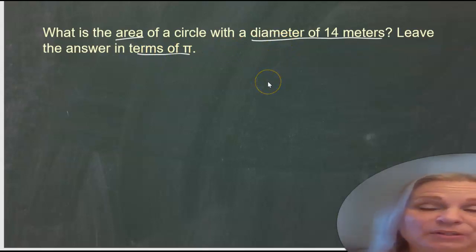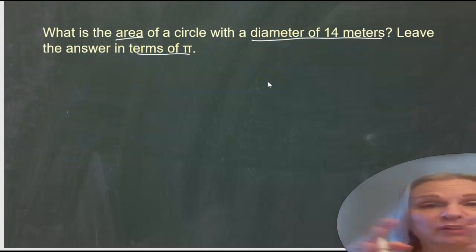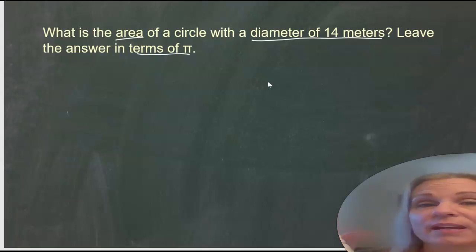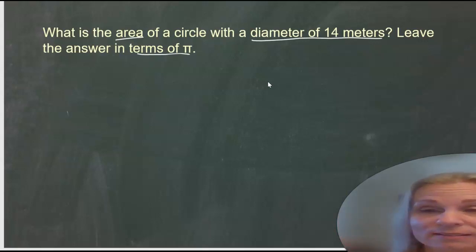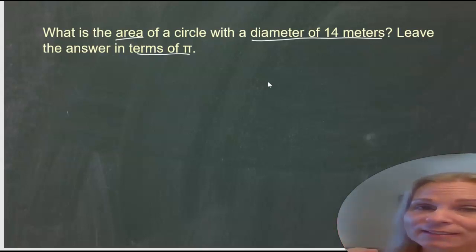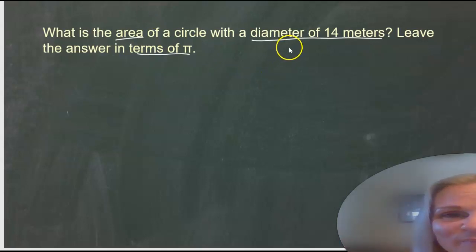So if the diameter is 14, remember, like on the last question, diameter is all the way across. The radius is going to be half that. So if the diameter is 14, that means that the radius will be 7, right? Half of 14 is 7.